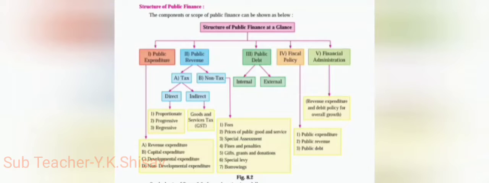So students, first we see public expenditure. Public expenditure is that expenditure which is incurred by the public authorities, that means central, states and local bodies, for protection of their citizens, for satisfying their collective needs and for promoting their economic and social welfare. Till the 20th century, the majority of governments had adopted a policy of laissez-faire.